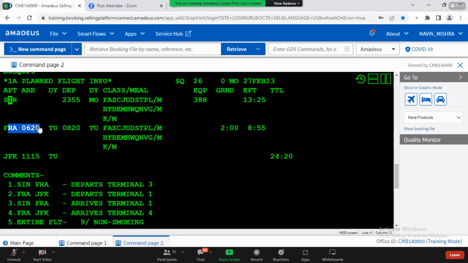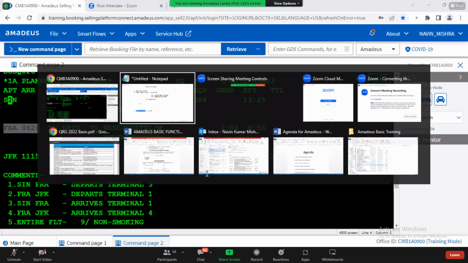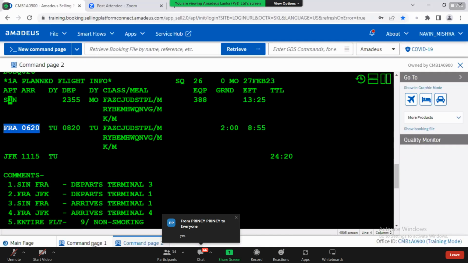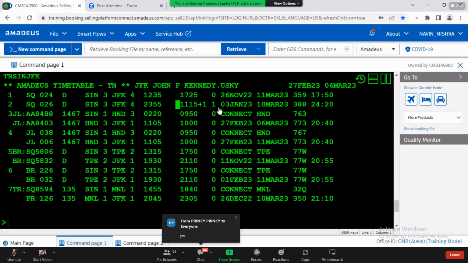But there is one stopover between the stations, and it's called a one-stop flight. You can say it's a direct flight. What do we call it? A direct flight. Are you clear with that direct flight? Yes or no? And how do you identify that this is a direct flight or a non-stop flight? By this one. Okay.